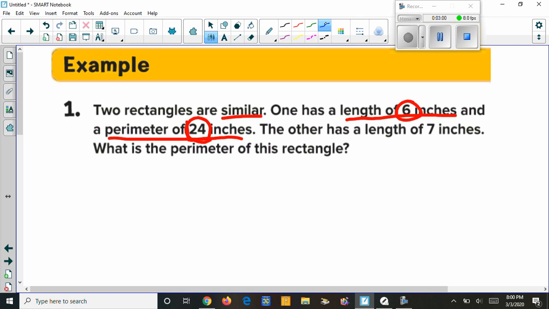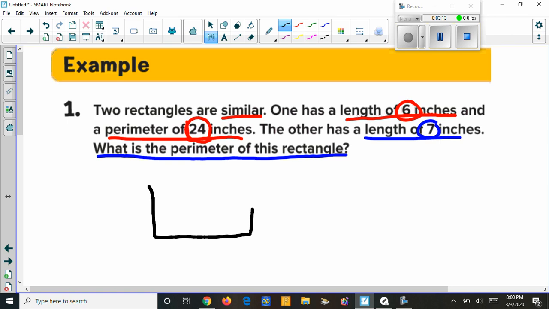The other has a length of 7 inches, but what is the perimeter of this rectangle? Now, I find it helpful to always draw some sort of picture to help us understand what's happening with this situation.